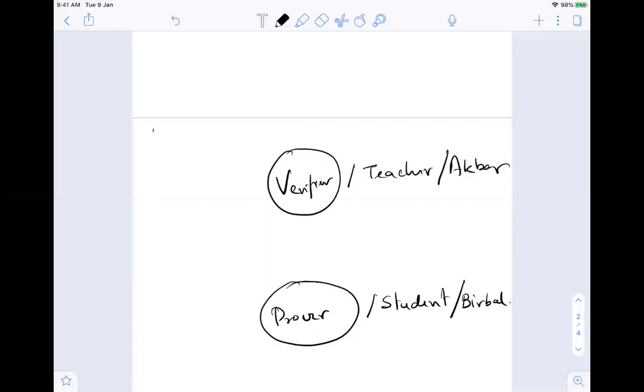And there is a language L, and the teacher wants to know: is X in L? So the teacher says, okay student, can you say is X in L?